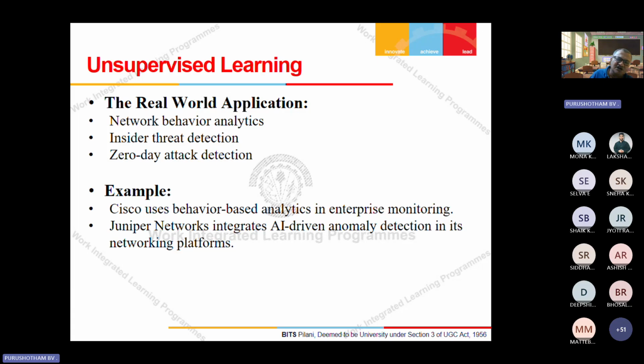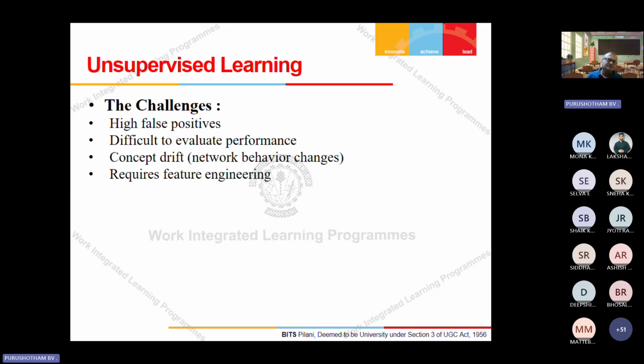For example, Cisco uses behavioral-based analytics in enterprise monitoring, and Juniper Networks integrates AI-driven anomaly detection in its networking platform. You heard about Cisco and Juniper, right? Unsupervised learning challenges are high false positives, difficulty evaluating performance, concept drift, that is network behavioral changes, and it requires feature engineering.